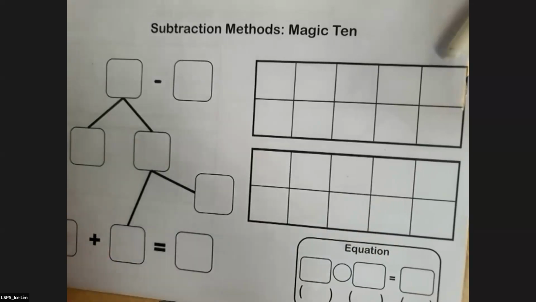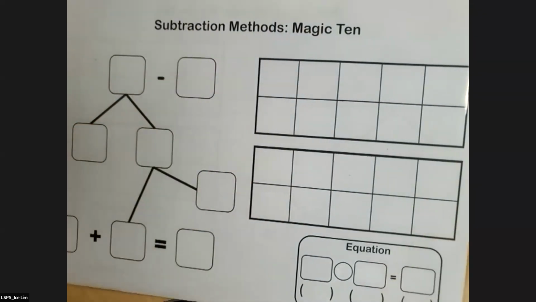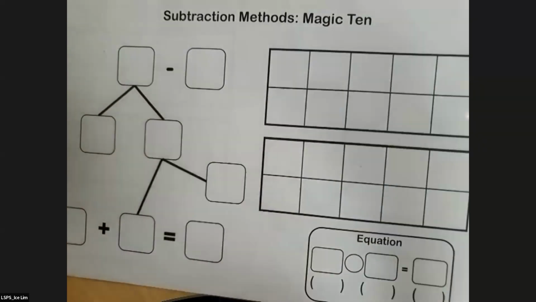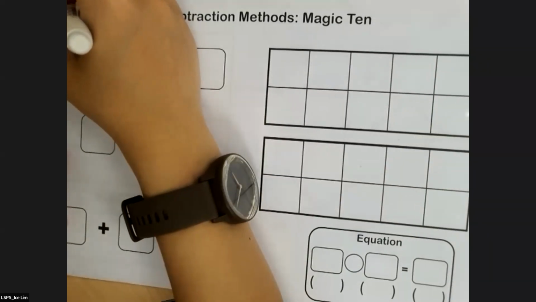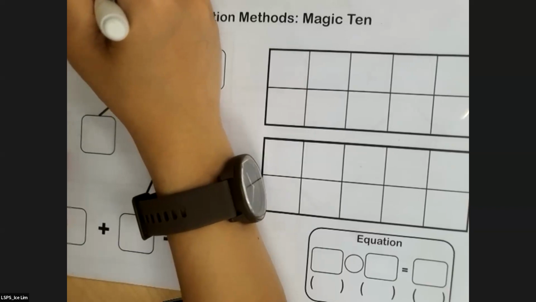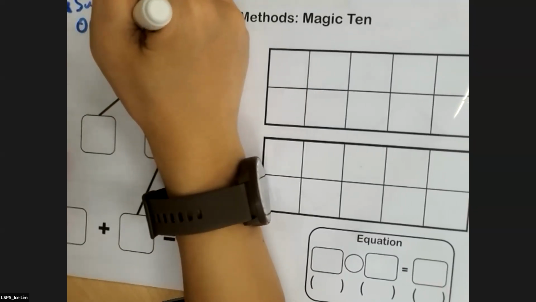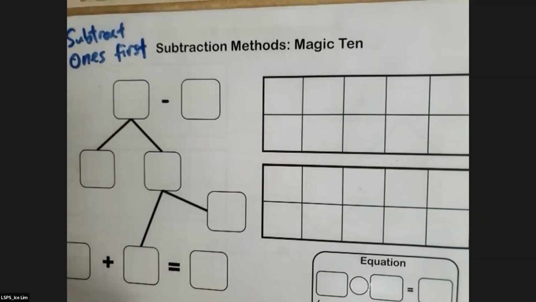It says we must check again is subtraction. Earlier on is addition. Okay, we are going to do the strategy called subtract from ones first. Okay, the strategy is called subtract the ones first.